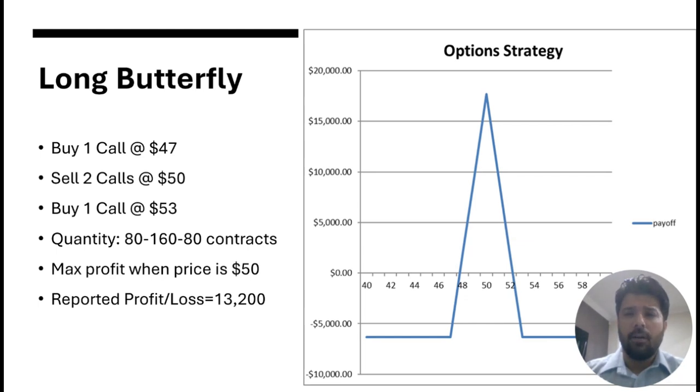We incur losses if the price moves too far away, either below $47 or above $52, and because we bought options at these outer strikes, the losses can't get any bigger beyond these points. In our case, the price stayed near $50, so we landed in a profitable zone and made a profit of 13,200. Now I'll hand it over to Mandira, and she will take you through the next two strategies.